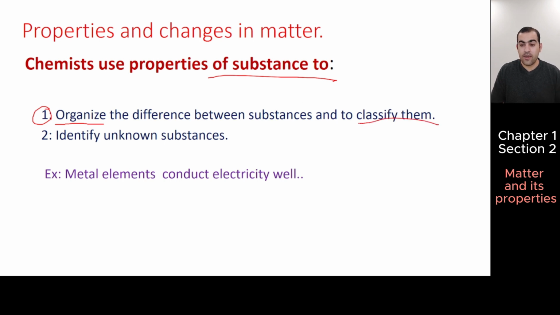Also, knowing the properties of substances, we can classify them by their properties. We can also identify an unknown substance. You have an unknown substance, you don't know what it is. Because we know the properties of substances in nature, for example, I give you a glass of water.